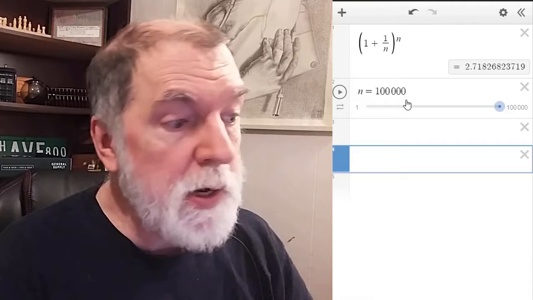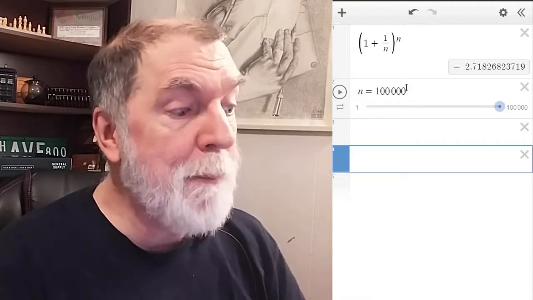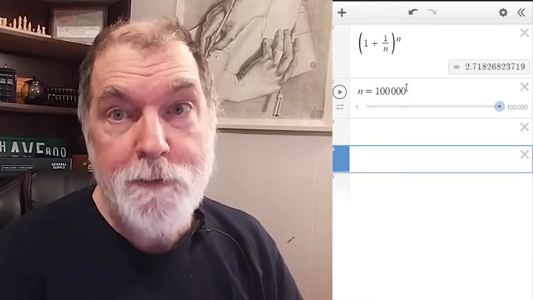We can make this as close to e as we like by choosing a sufficiently large n, just like we did over here when we cranked up n into the tens of thousands.